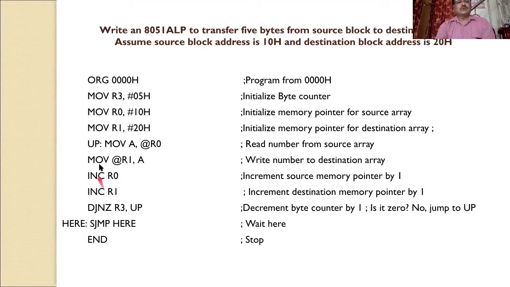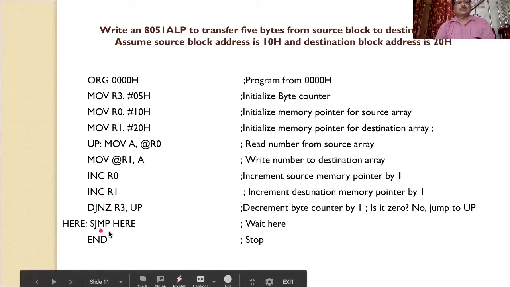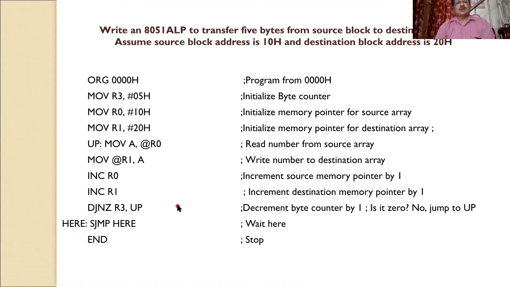We have to repeat the loop, and that is how, one by one, all the 5 bytes will be transferred starting from the 10H location onwards to the 20H location onwards. Once the count becomes 0, it will come out of the loop. So that is how we can transfer a block from a source memory location to the destination memory location.